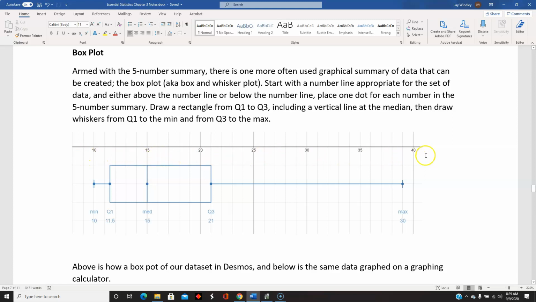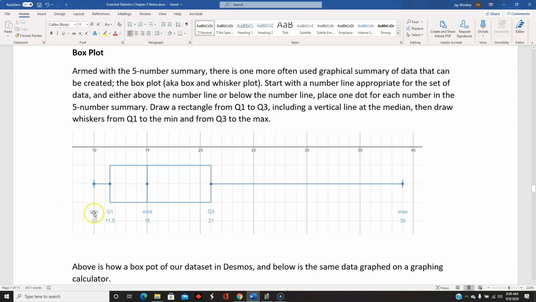But once you have a well-spaced out number line, you just put a dot for each number in the 5-number summary. So you'll see here I just have 5 dots, and then a box or a rectangle around the quartiles with a vertical bar at the median, and then a whisker from quartile 1 down to the minimum, and a whisker from quartile 3 up to the maximum.